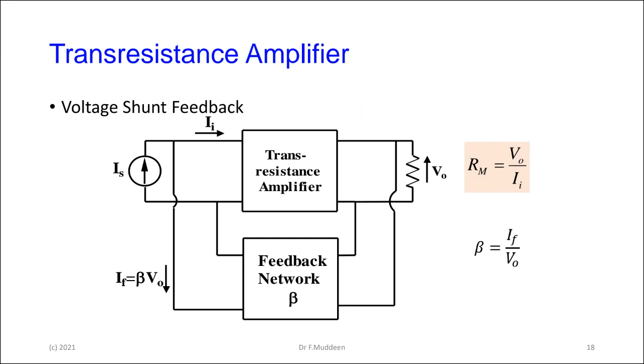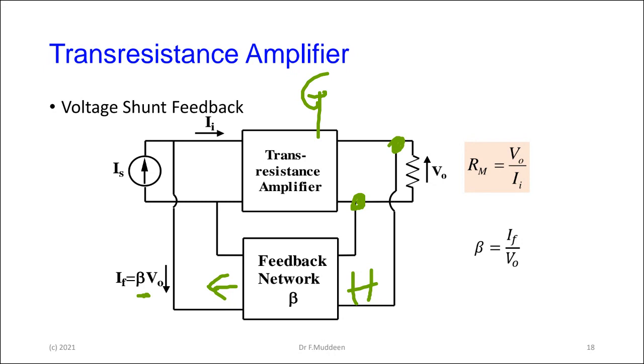In the case of the transresistance, which is the other one that is feeding voltage back, the transresistance has voltage coming out. So we're feeding back voltage, but our G and H, our feedback network, now has to take the voltage and feed back current, so that the feedback current, the transresistance of that network, is I over V, and it has to go in parallel with the source.